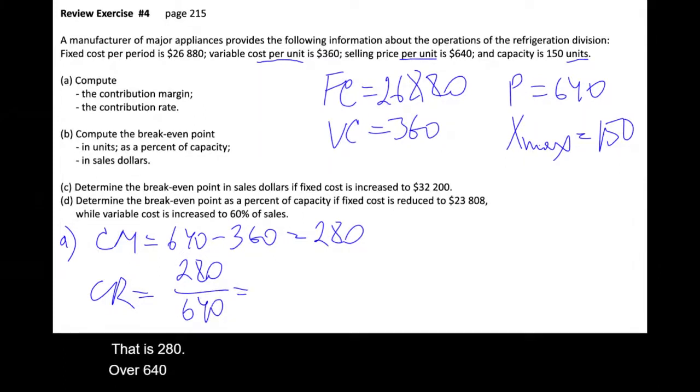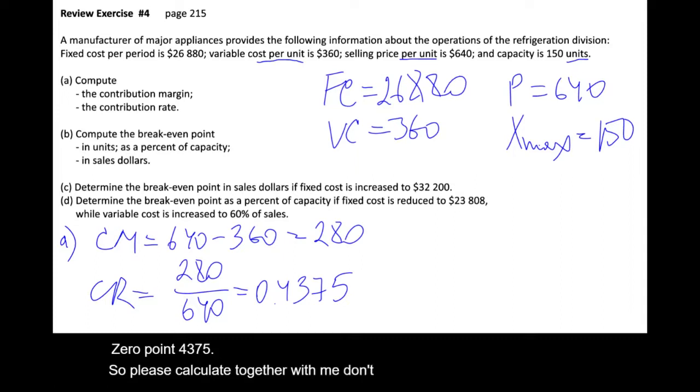So what is it? 0.4375. So please calculate together with me. Don't just copy and paste. Let me know when you're ready to continue, because I need to flip a page.